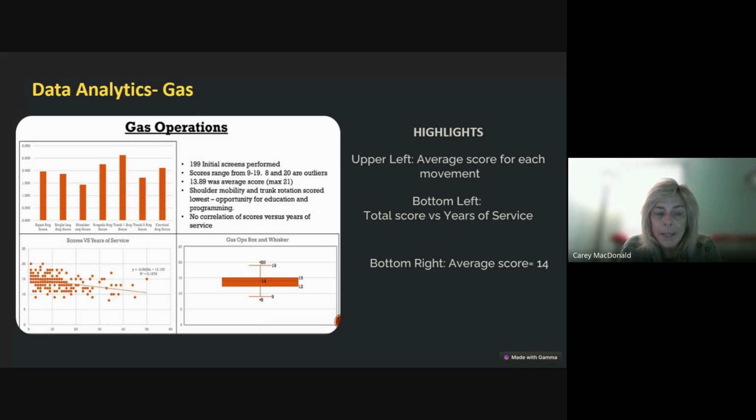So the years of service didn't give us really what we wanted, but I think age would have given us a little bit more data to work with. But again, we didn't want to ask that question. So might be something for future use. The average score, as you can see in that right lower quadrant, was a 14. So it kind of sat right on that, which was interesting to us. So that was our gas operations, and we had 199 of them.